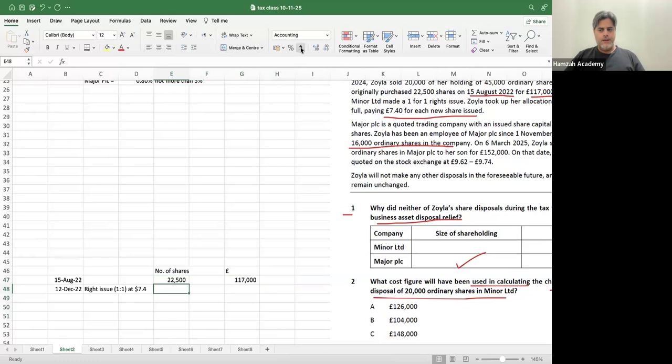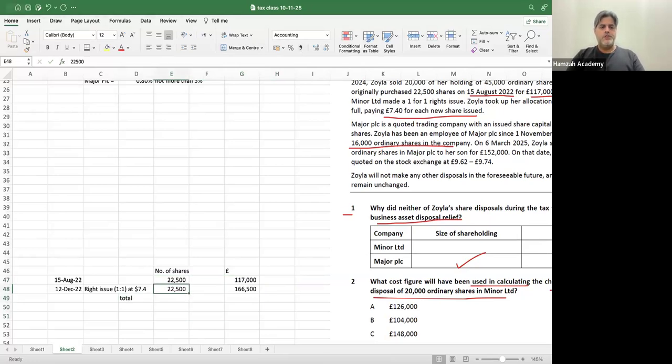Okay. So we had a rights issue over here for 1 for 1 share. So technically we got another 22,500 shares. So 22,500 into 7.4 over here. So that's going to be 166,500 over here, right?